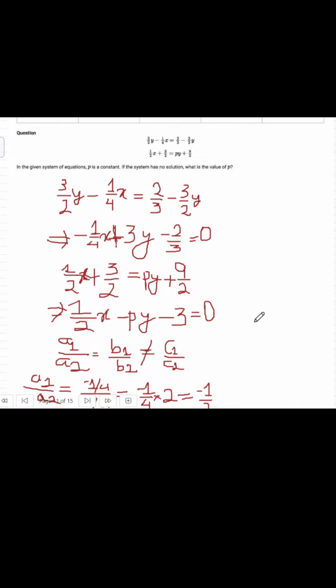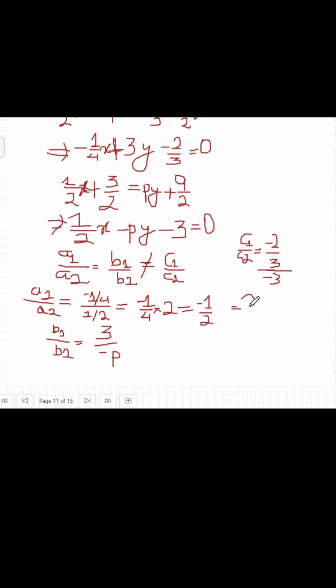And c1 by c2 is not equal to minus 1 by 2, because c1 by c2 would be minus 2 by 3 divided by minus 3, so this will be multiplied by 1 by 3, which is equal to 2 by 9. So it is different from minus 1 by 2, so that is clear.